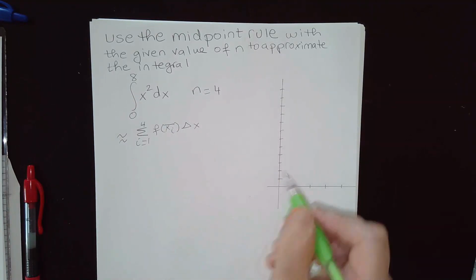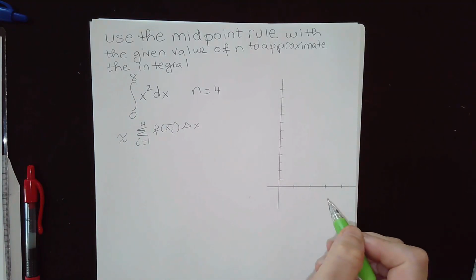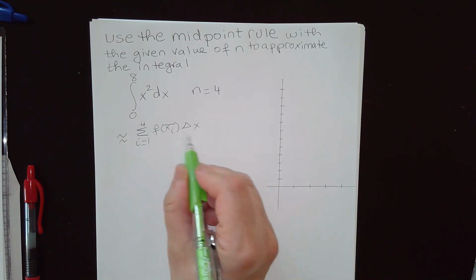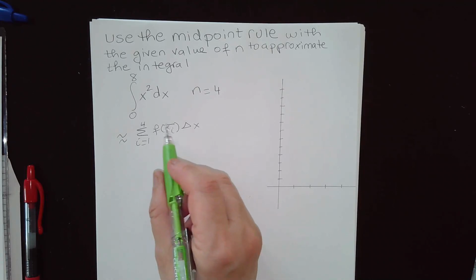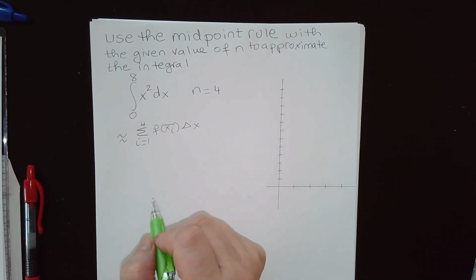So we're going to have 4 rectangles with the width of delta x and with the height of f of x_i bar. x_i bar is the midpoint of each rectangle.